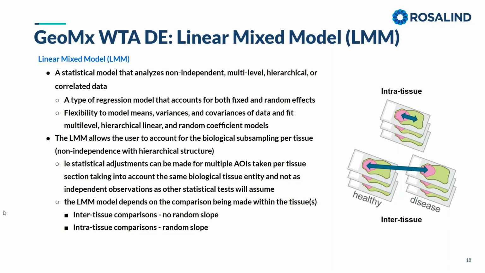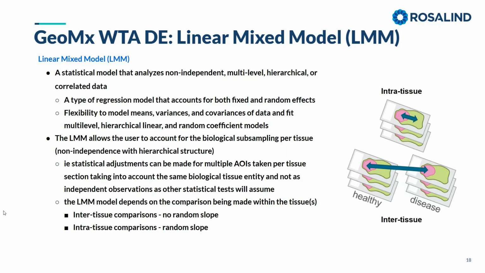That allows us to see we have non-independent AOIs, so multiple AOIs per tissue, as well as hierarchical structure, which is thousands of genes per AOI. This allows us to create statistical adjustments for multiple AOIs taken per tissue, taking into account the same biological tissue entity and not as independent observations as the other statistical tests assume.